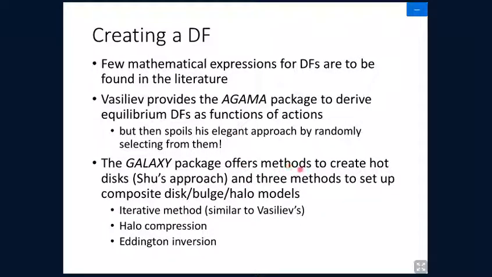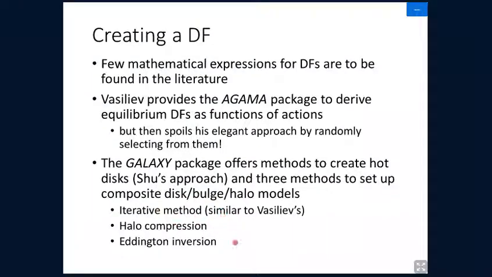But GALAXY also provides methods to create distribution functions in disks, which is Shu's method, which works in any general disk in any general potential. And then three methods to set up composite disk-bulge-halo models. You can use an iterative approach, which is similar to what Vasiliev does, or you can try using halo compression, or you can try using Eddington inversion.